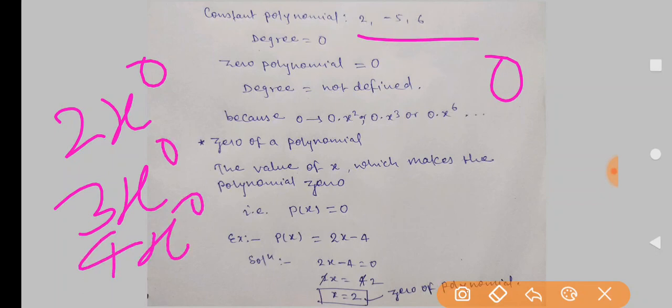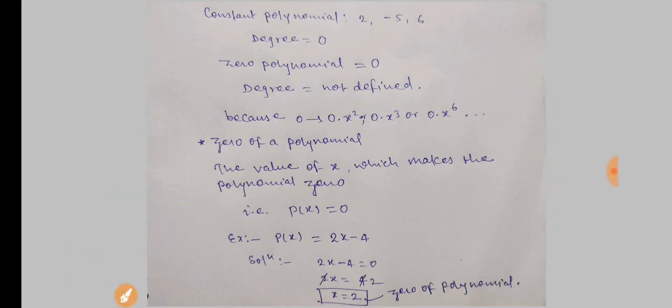Now what is the zero polynomial? 0 is called the zero polynomial. Then what is its degree? The degree is not defined for the zero polynomial. Why?